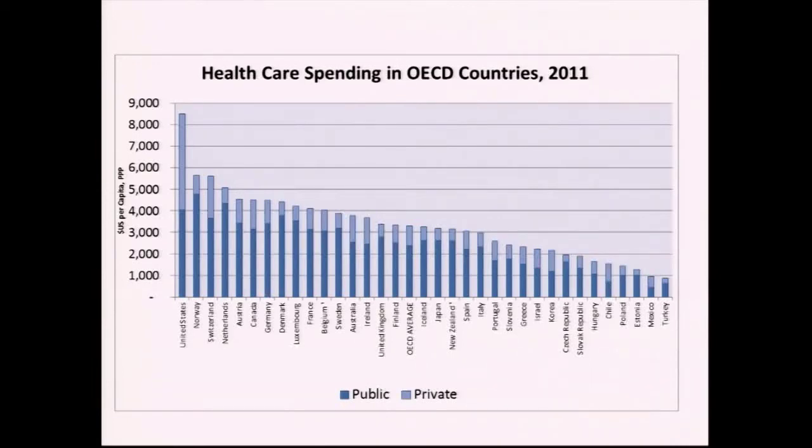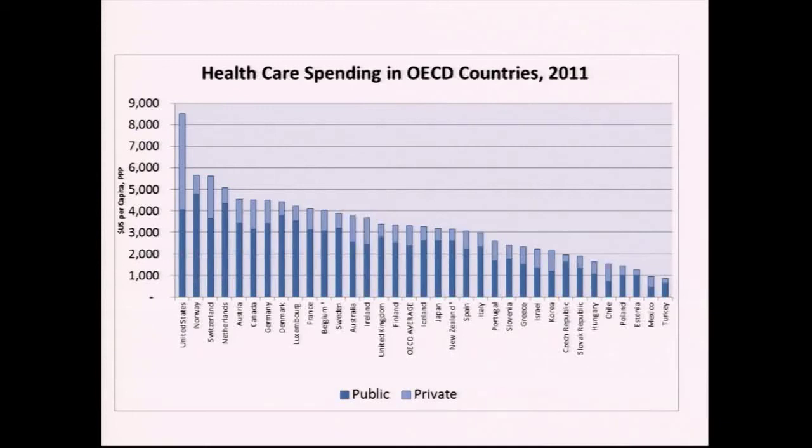To make this even more striking, I've divided the spending bars into spending financed by public programs, those are the dark blue bars at the bottom, and spending financed privately by individuals and private insurers, those are the lighter bars at the top. In the U.S. we have a much greater reliance on private spending, so our private spending bar is a bigger share of overall spending than other countries.